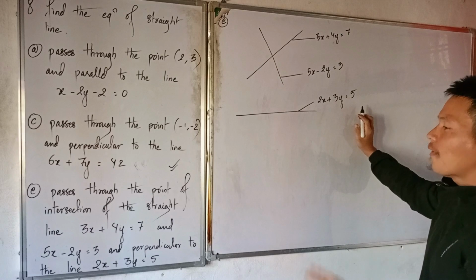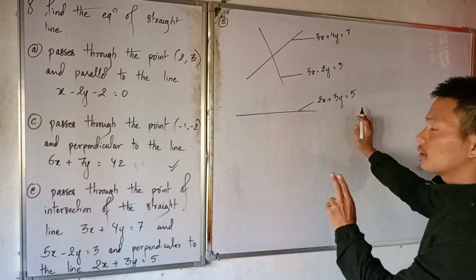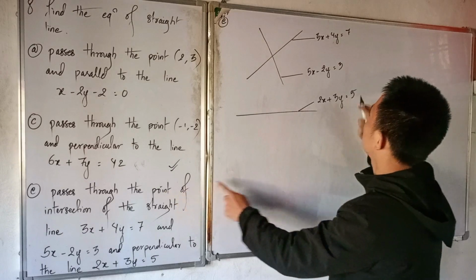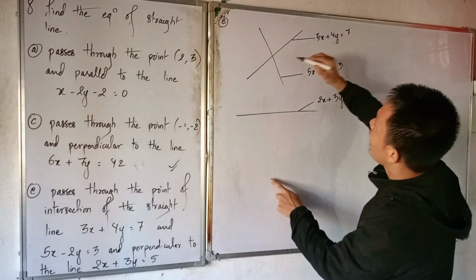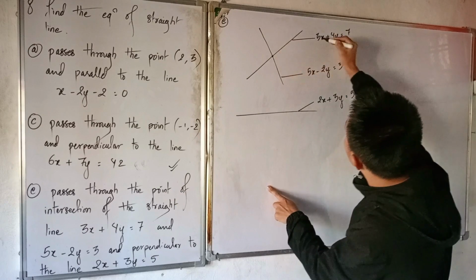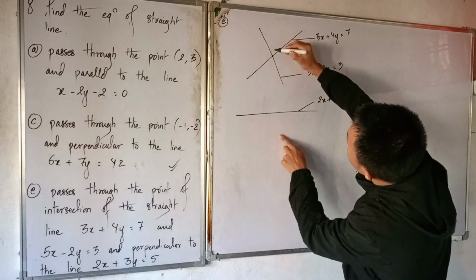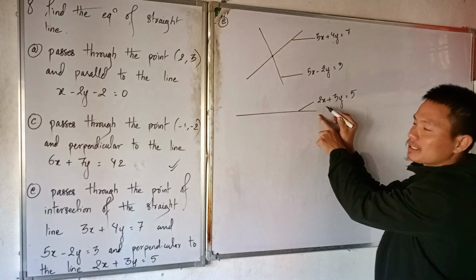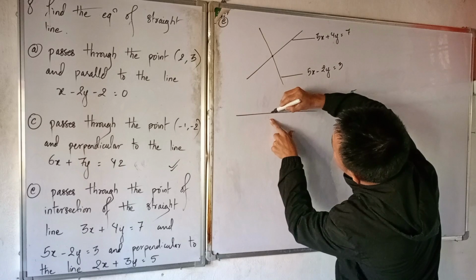So find the equation of the line which passes through the point of intersection. That line passes through the point of intersection of these two lines, and the line is perpendicular to this line, which makes the figure like this.